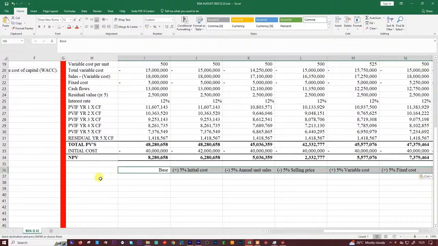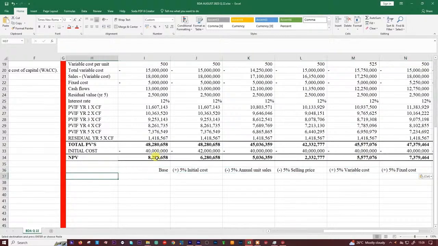Then we have the NPVs down here, because we have the NPVs given to us over here, the net present values. So just pick those ones.